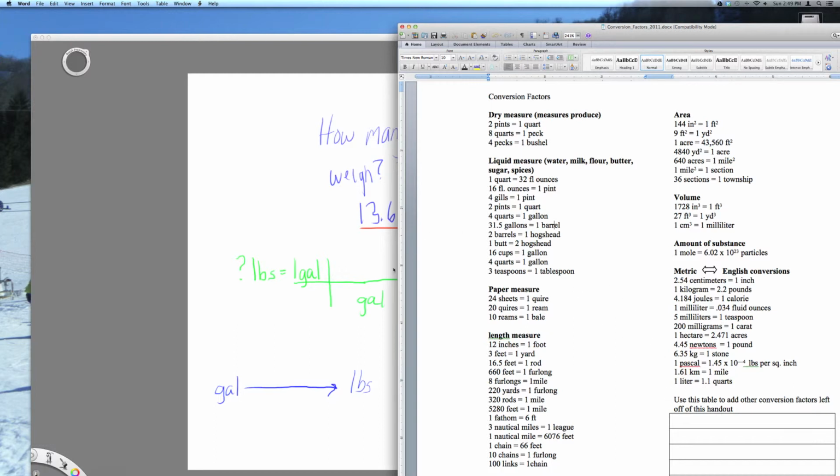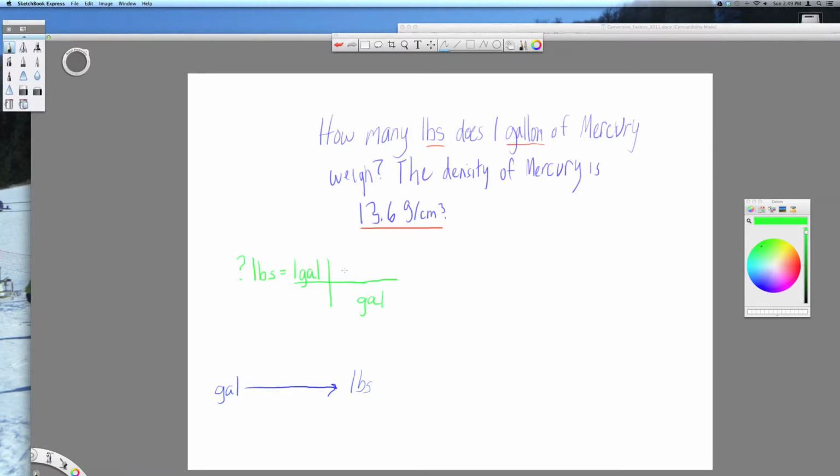So let's do that. Let's get the quarts first. And every 1 gallon has 4 quarts in it. Cancel my gallons. Now, can I get from quarts to liters?